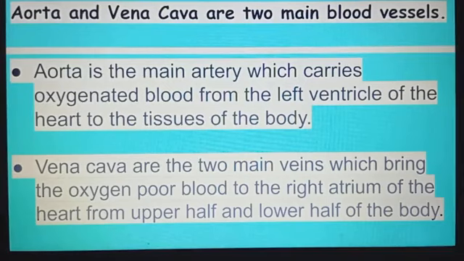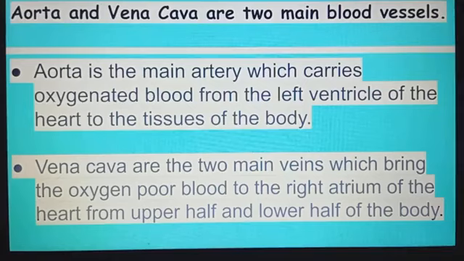Another important blood vessel is vena cava. Vena cava are two main veins which bring the oxygen poor blood. Oxygen poor blood means the blood which is containing carbon dioxide. The amount of oxygen is less and the amount of carbon dioxide is more.